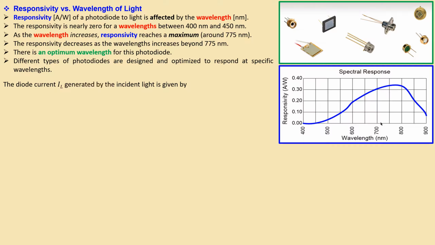Now, the diode conducts a current, which is the current generated by incident light. So when you have incident light, you will generate current that's called I sub L, and that is given by this expression. The incident light creates this current, which is the flux responsivity times the radiant flux energy.